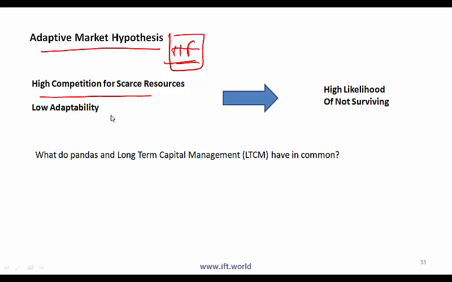If there is very high competition for those resources, and let's say a hedge fund has a very specific strategy and it's not adaptable, and maybe that strategy is not working. So when you have these two elements, then the likelihood of not surviving becomes high. And this is compared to evolution.